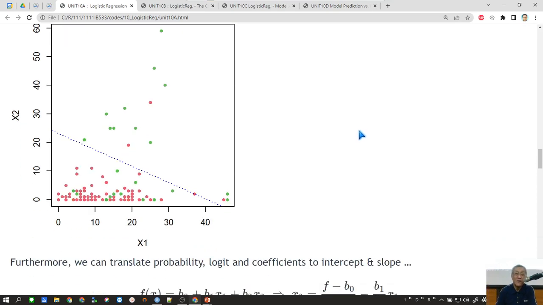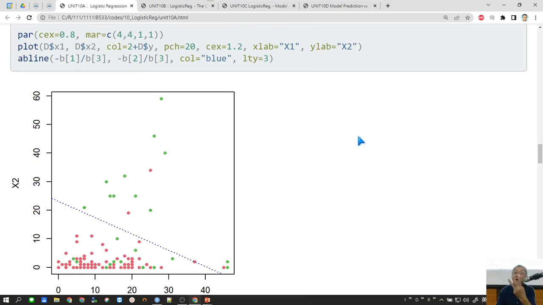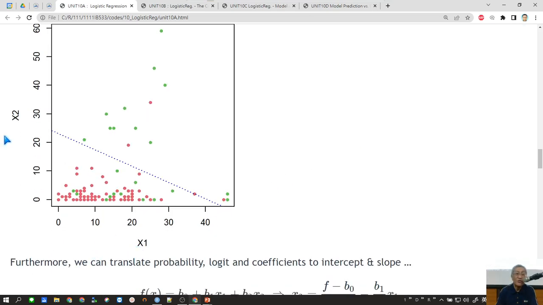Right? Okay. Here we have 3 variables, right? We have x1, we have x2, and we also have y, right? Now, where is y in this plot? This is x1, right?